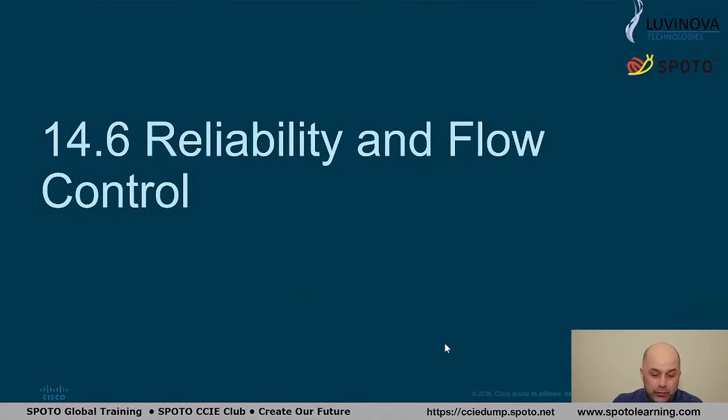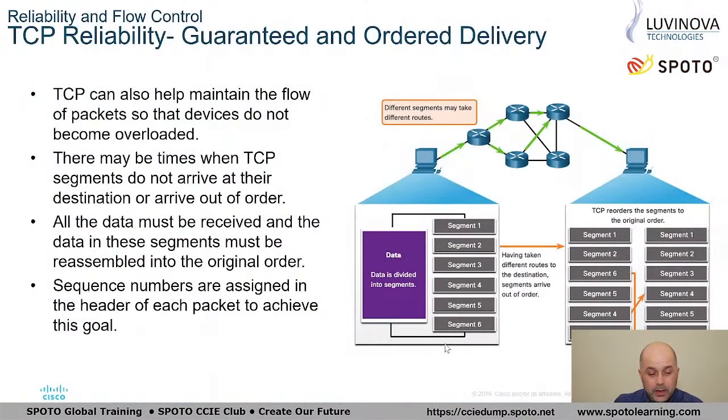Reliability and flow control. TCP, as we already mentioned several times, and you must remember that, it's very important, reliability. TCP is a reliable protocol. TCP can also help maintain the flow of packets so the devices do not become overloaded.